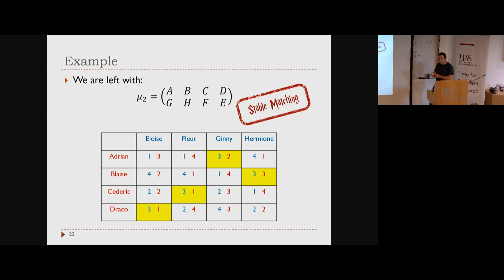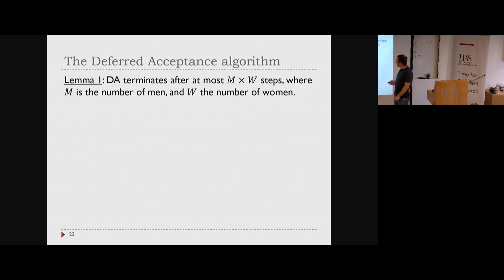So every day, at least one of those arrows goes down, or the algorithm terminates, right? How many times can arrows go down? As many as the number of men times the number of women. So if the number of men is m and the number of women is w, after m times w steps, that's it. We cannot lower the arrows anymore. So the algorithm definitely terminates in finite time, quite quickly, okay?